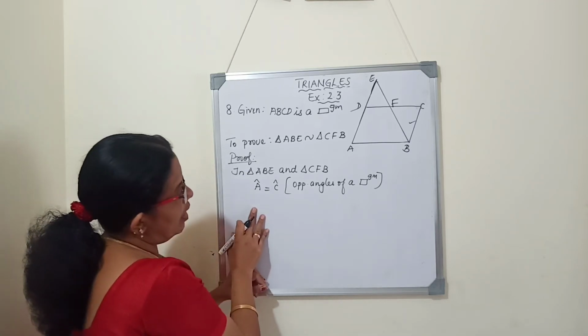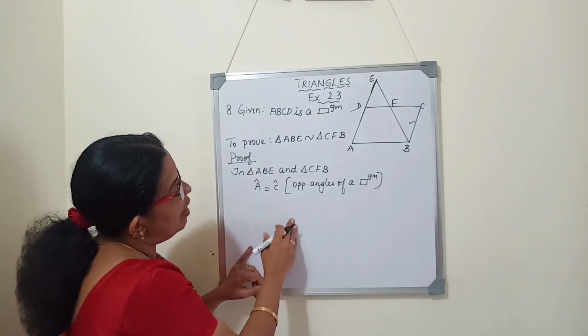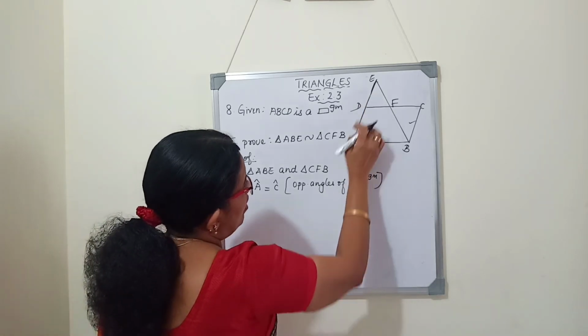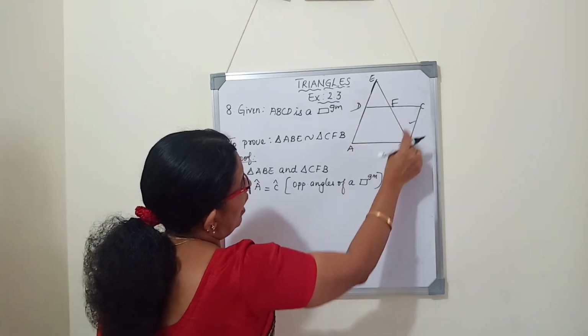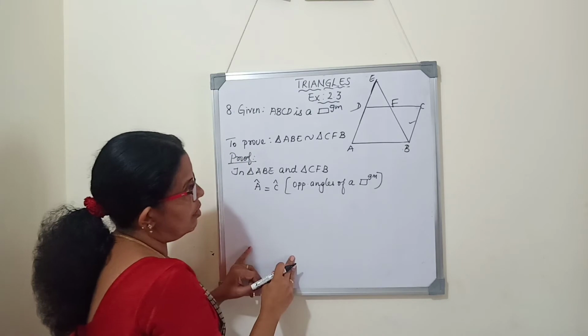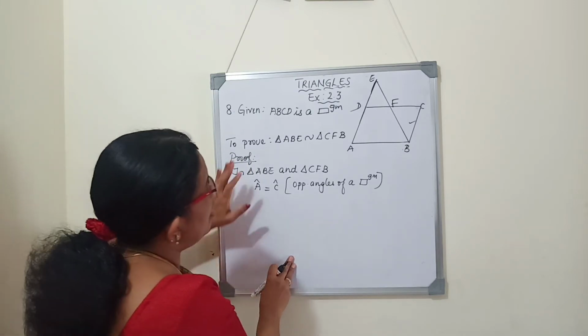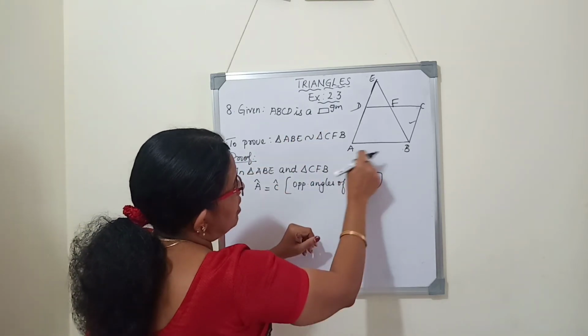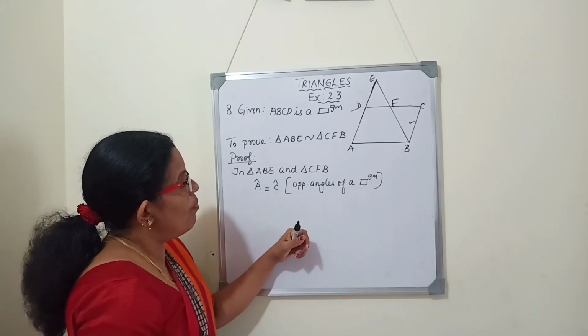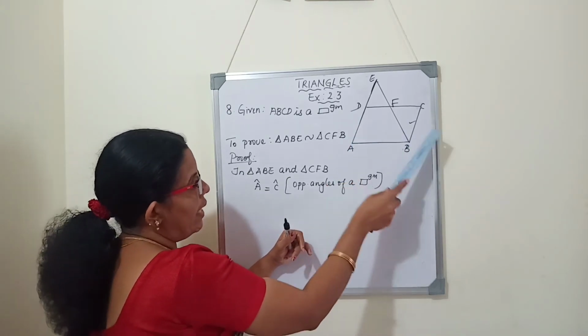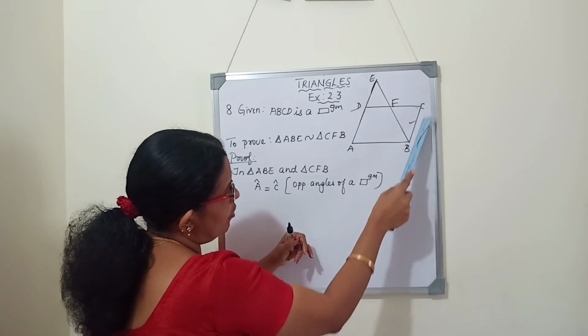Next, in triangle ABE and triangle CFB we have to consider one more angle. We know that ABCD is a parallelogram, so opposite sides are parallel and equal. So AD is parallel to CB.